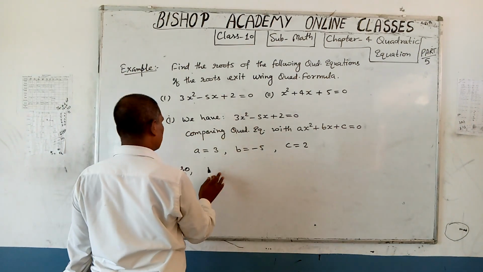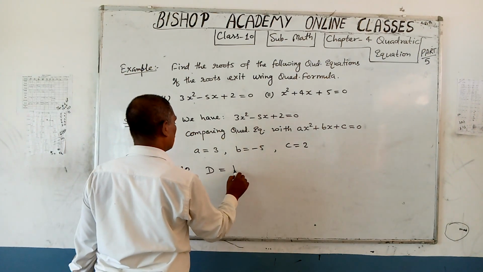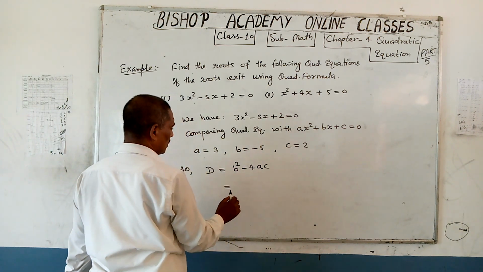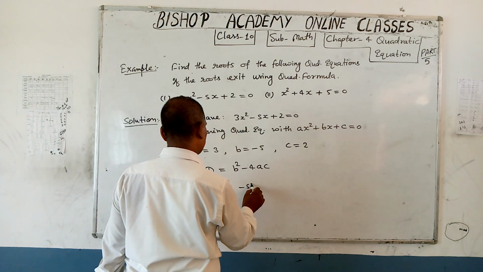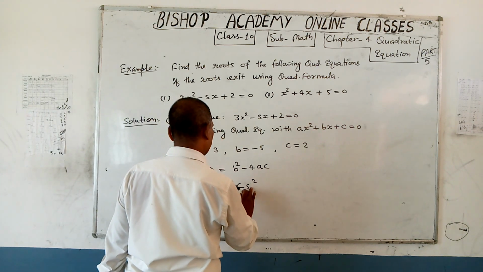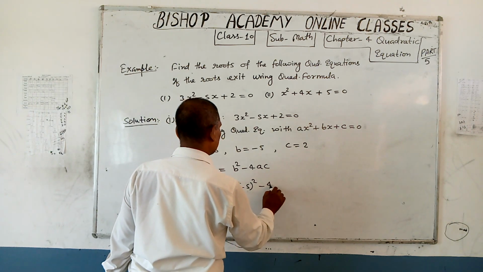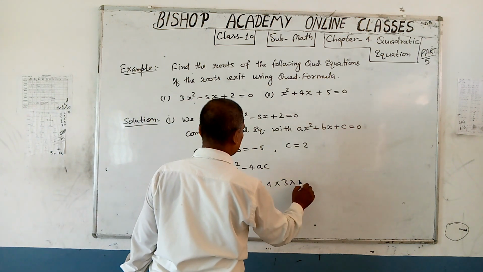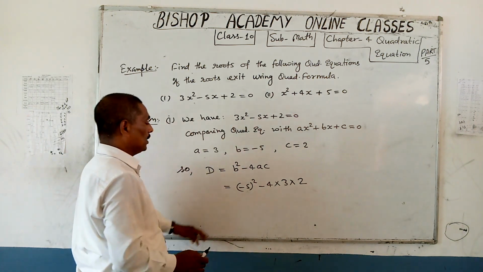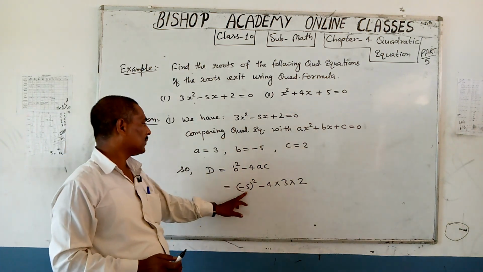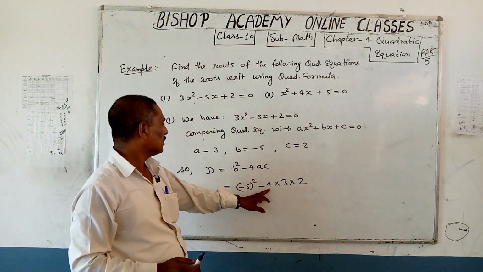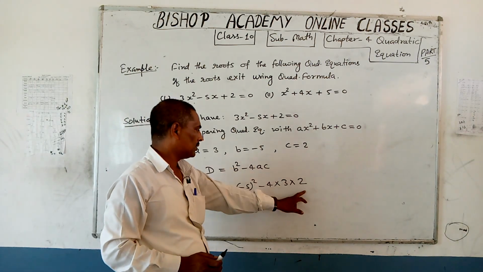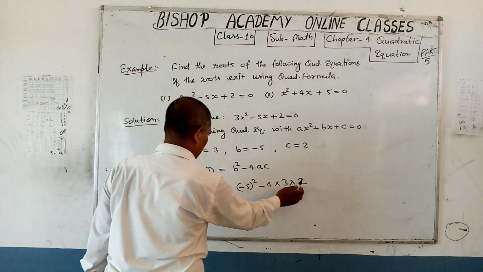So the discriminant D is equal to b square minus 4ac, which is equal to minus 5 whole square minus 4 multiply 3 multiply 2. In the place of b you put minus 5, in the place of a you put 3, and in the place of c you put 2.